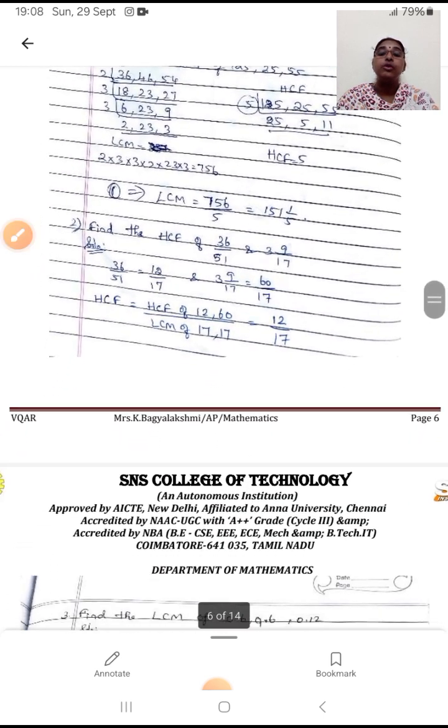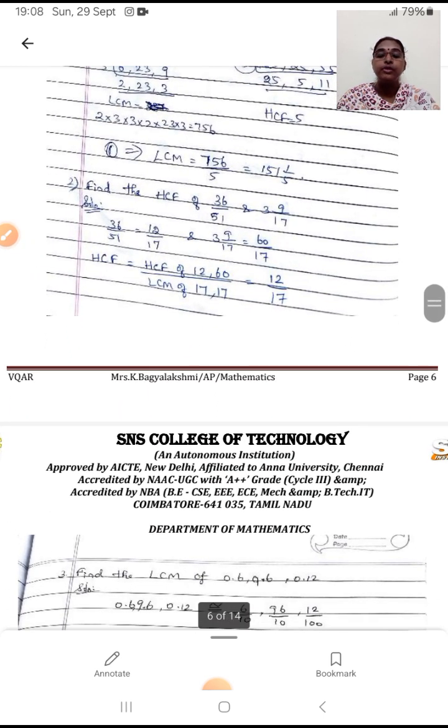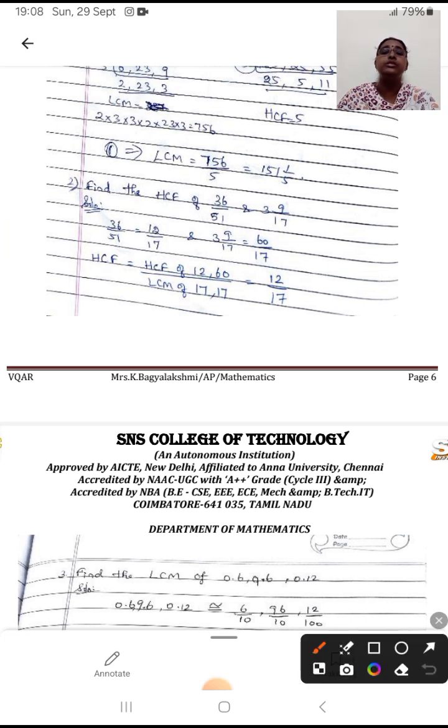This is another thing, and in the same way we can calculate the HCF. Find the HCF of these two fractions. Again we check 36 divided by 51. It is divisible by 3, so we conclude 12 by 17. The second number is given as a mixed fraction, so we convert it to a proper fraction.